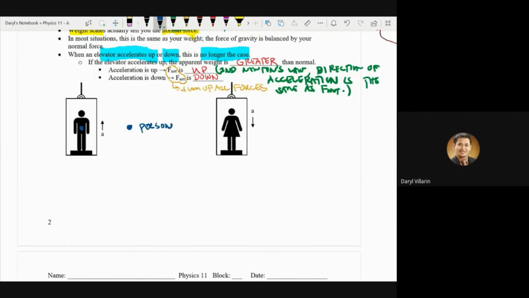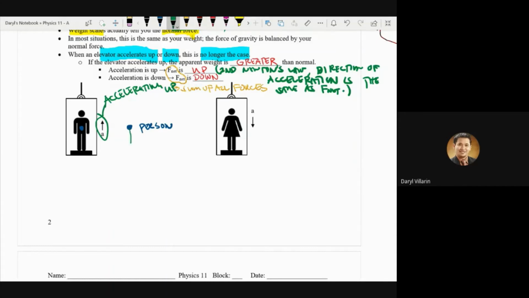Okay? And if I'm going to examine what forces are acting on the person, well, this one here is accelerating up. If it is accelerating up, that means the net force is also up. I know there are two forces acting on my object.